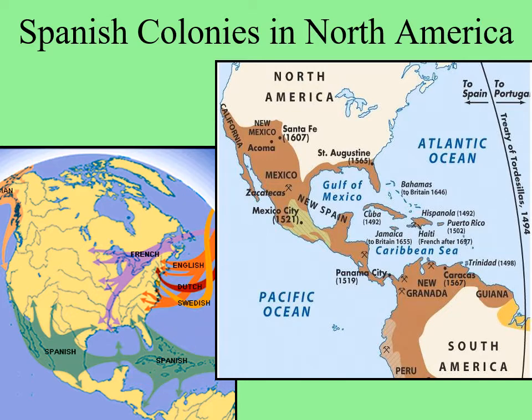So the Spanish colonies are going to be settling in modern day Central America, modern day Mexico, the Caribbean, flowing all the way towards South America, but also the modern day southwest of the United States, all the way through the Gulf Coast into Florida. They're also going to take over a large portion of South America. The only major significant portion they don't control in South America would be what becomes modern day Brazil, which will be owned by the Portuguese.